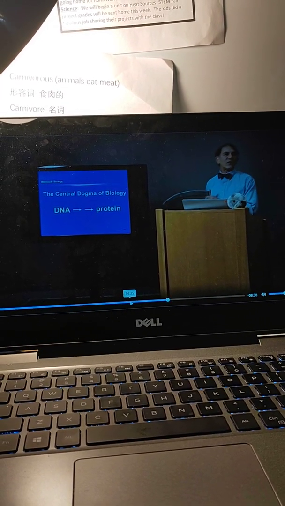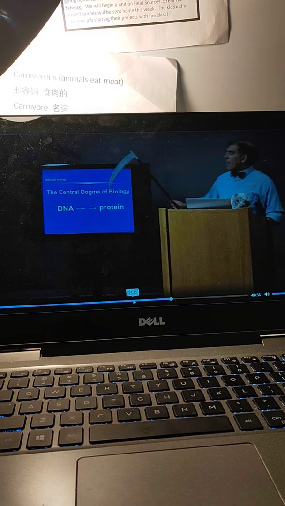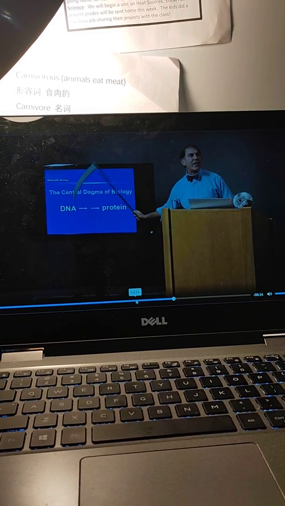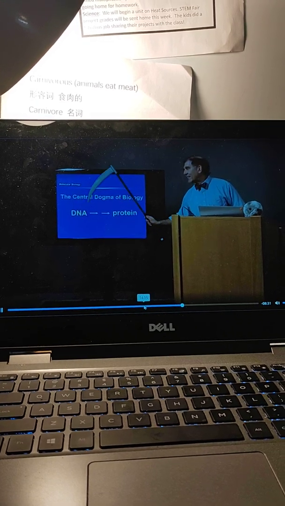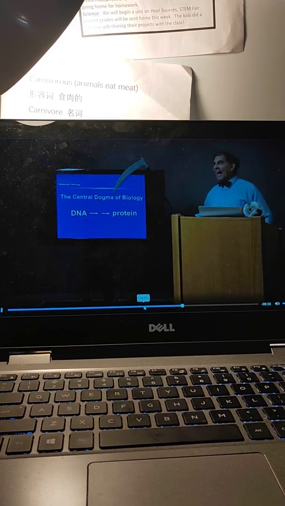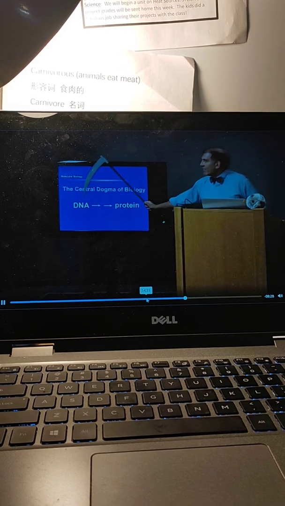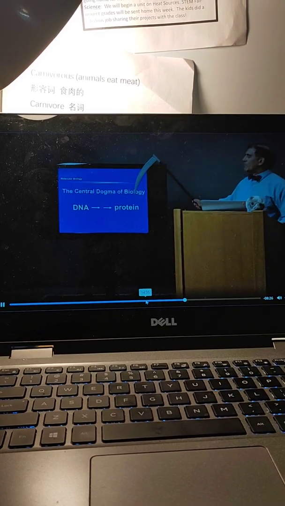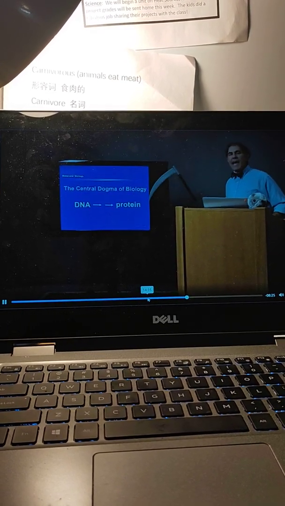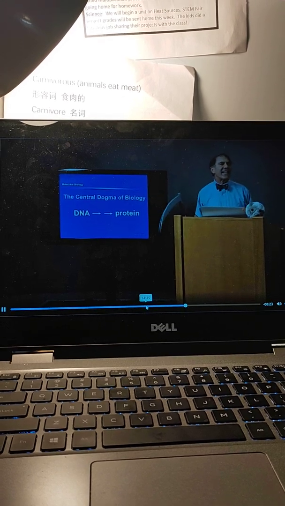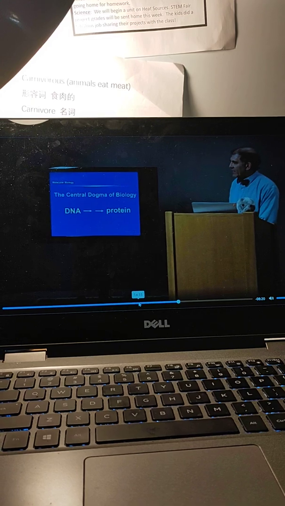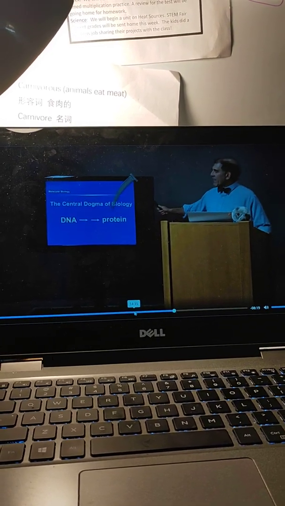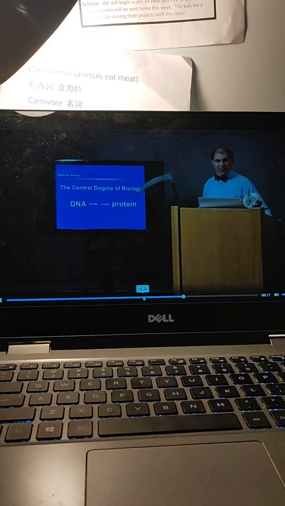Ultimately, what the central dogma is telling us is that biological information for making plants and people is there in order to make proteins, and most of the interesting machines and structures inside the cell are actually comprised of this biological material, protein.